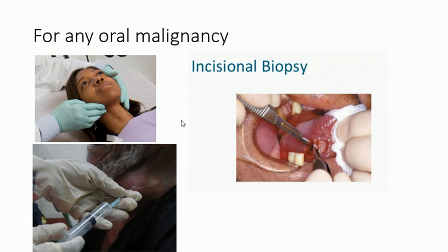This is important because there can be other synchronous tumors present in the oral cavity along with the carcinoma of the lateral border of the tongue. And a proper head and neck examination, including a proper oral examination, is important because of the TNM staging.